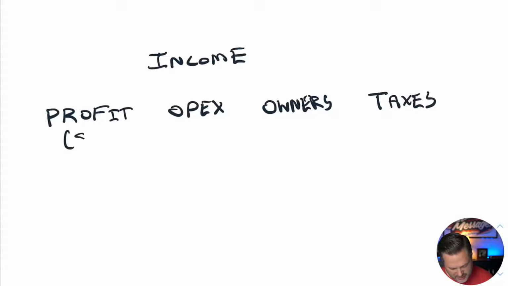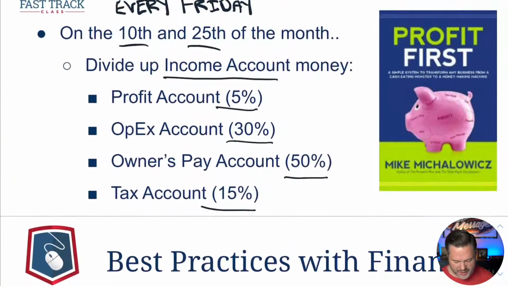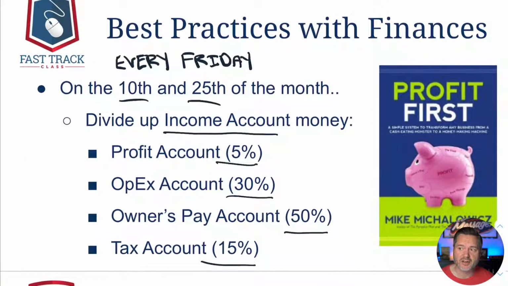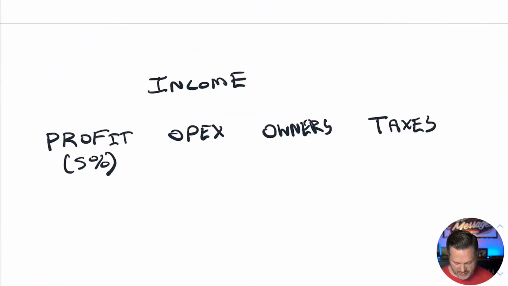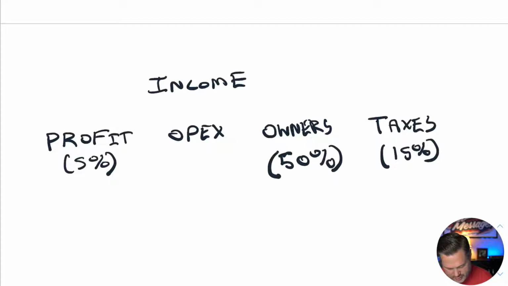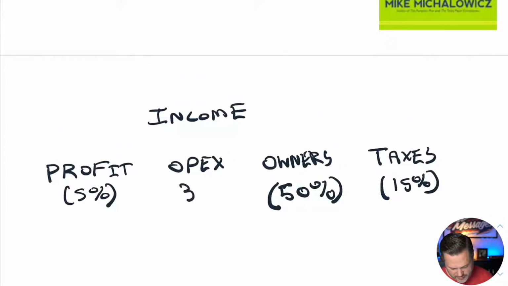Now, I believe I said we're going to use these percentages. You can make any percentages you want. You're the boss, right? You decide the percentages. But I don't actually pay 15% into my tax account because I was doing that and I kept overpaying my taxes. So it all just depends on your business and how it's structured. But in this example, we've got 15% here. We've got 50% here. And I think this was 30%.